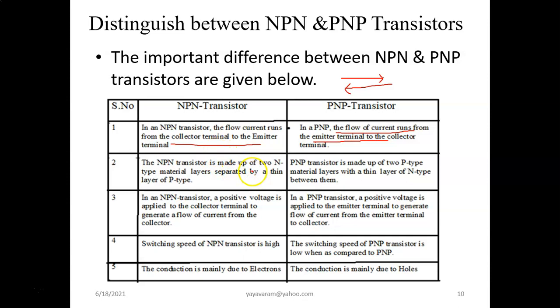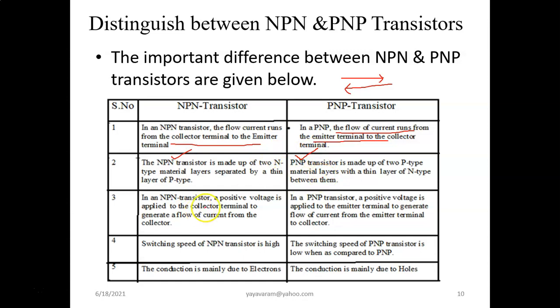The NPN transistor is made up of two N material layers separated by a thin P-type layer. Opposite to that, a PNP transistor is made of two P-type materials with a thin layer of N-type between them. That is, by sandwiching a P material between two N materials, I get NPN. By sandwiching N material between two P materials, I get a PNP.